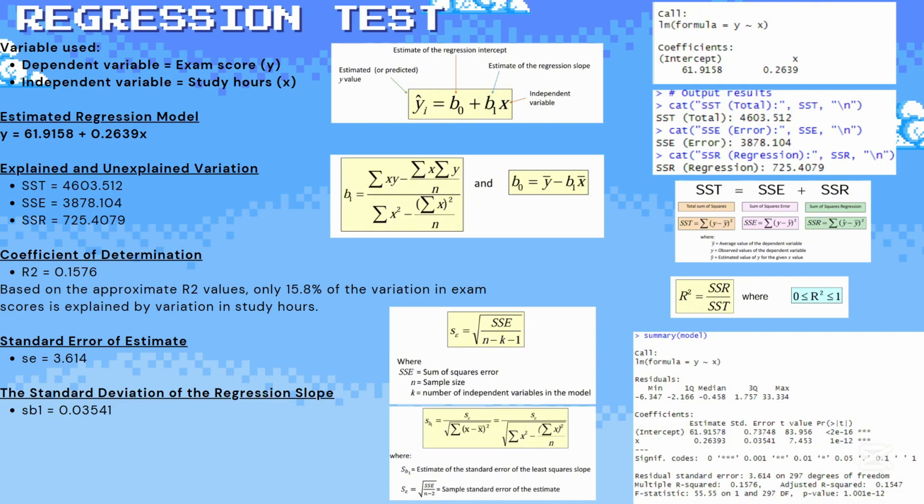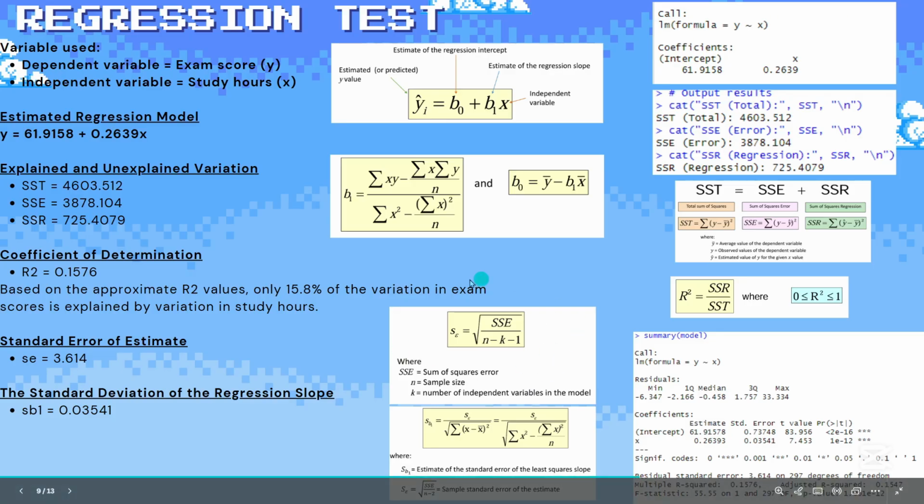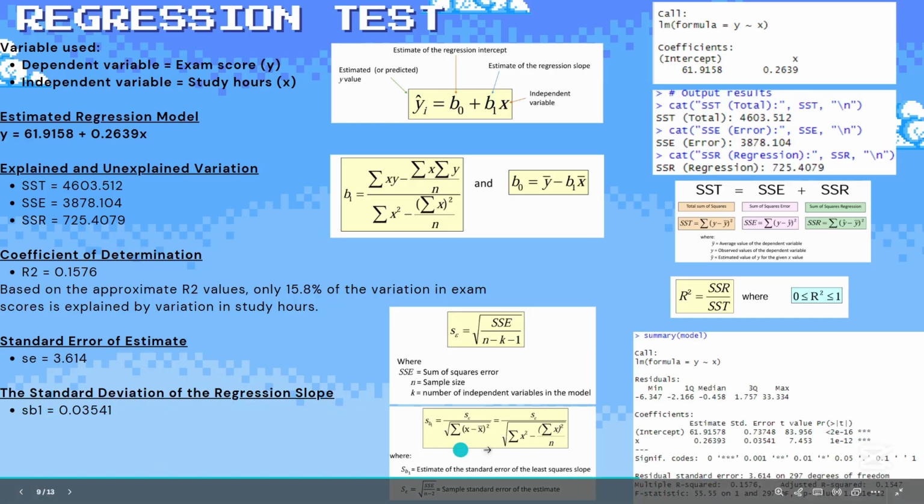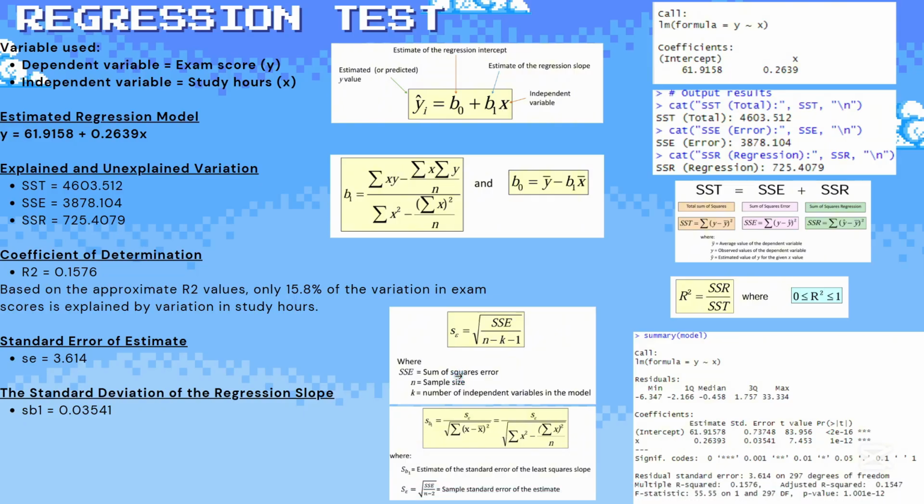And then we calculate the standard error of estimate. This is the value, and for the standard deviation of the regression slope, the equation is this one. Both of these we also calculate using RStudio software.